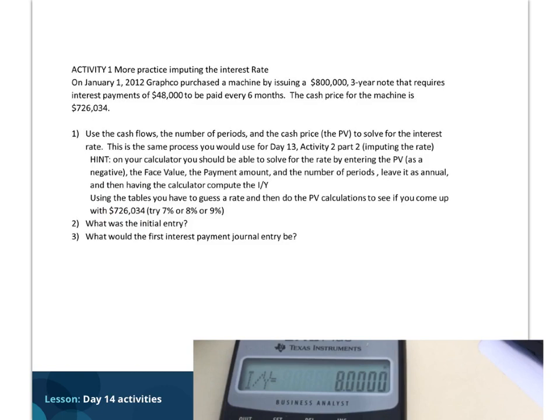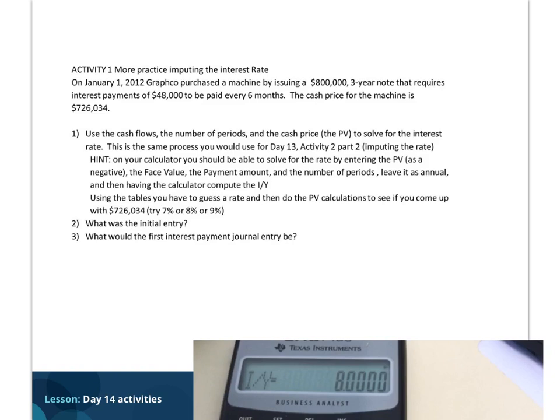That would have narrowed down your choice. If you tried 8%, you would get 726,034. Of course, you know that because we just calculated on the calculator. But really, what your calculator is doing when you hit that compute is going through the tables and calculating, going through the computations and picking rates until it zeroes in on the right rate. So that's what's going on there.